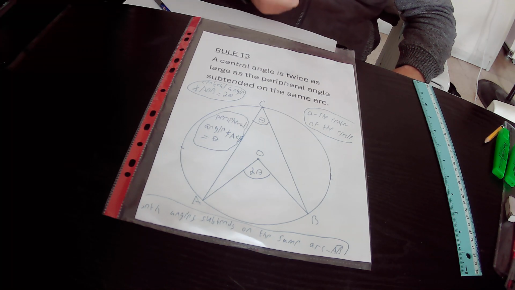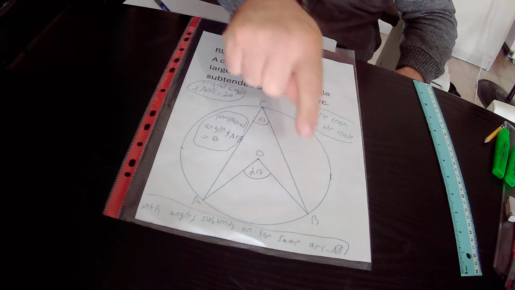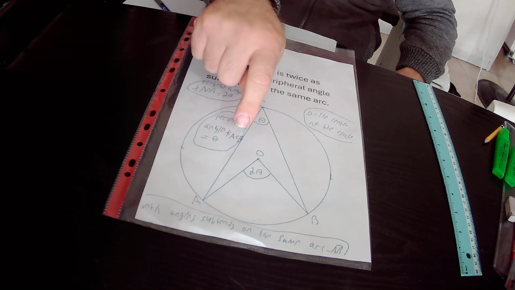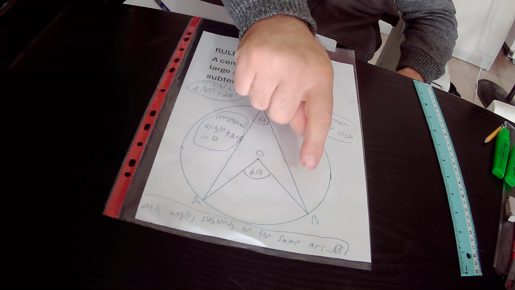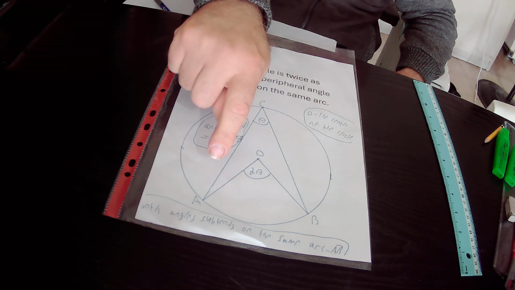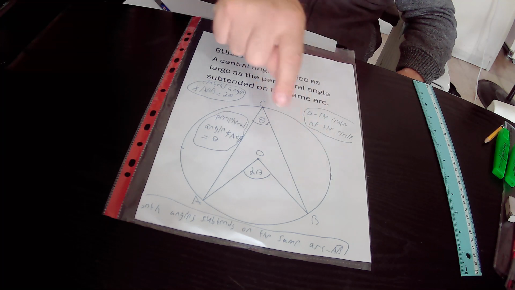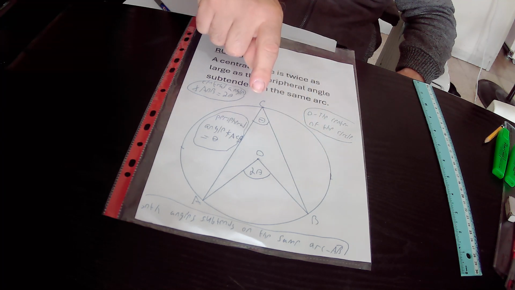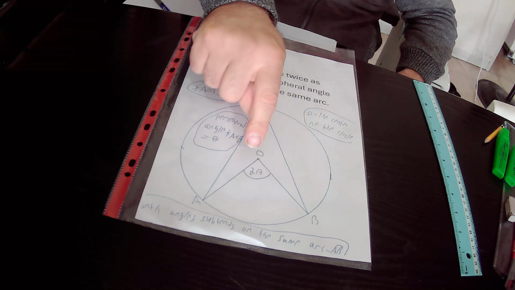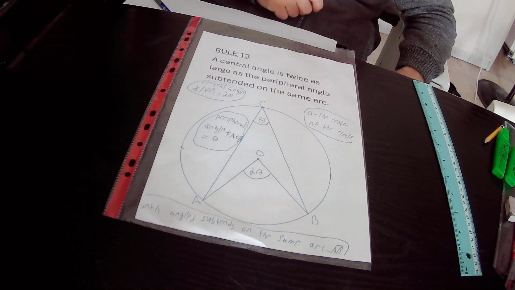And therefore, according to rule 13, the central angle AOB will be twice as large as the peripheral angle ACB, because both of them are subtended on the same arc AKB. Because the size of this peripheral angle ACB is theta, the size of the central angle AOB subtended on the same arc AKB will be equal to 2 theta. Okay?